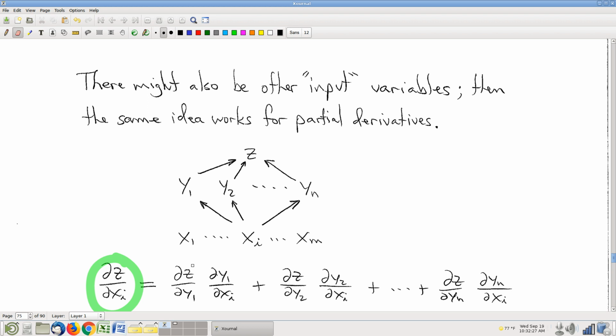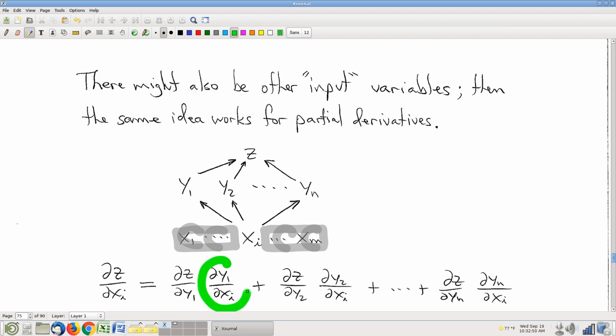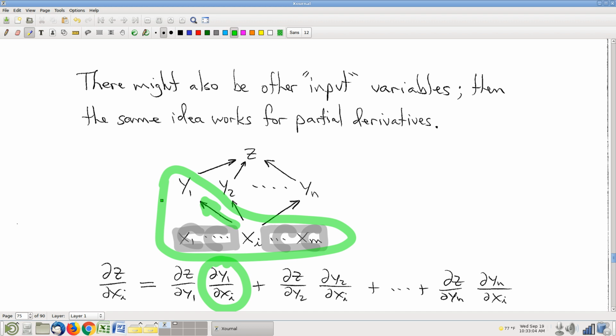And the answer ends up being surprisingly convenient. The partial derivative, don't lose sight of the fact, means that we're just going to hold all these other input variables constant. So these are not allowed to change. And once those are constant, we're back to the same picture we had before, pretty much. The only difference is that where I previously had written dy1 dx, because that was a single variable Calc 1 derivative, now technically I have to recognize that there are these other variables that I am holding constant, and so that is now a partial derivative.